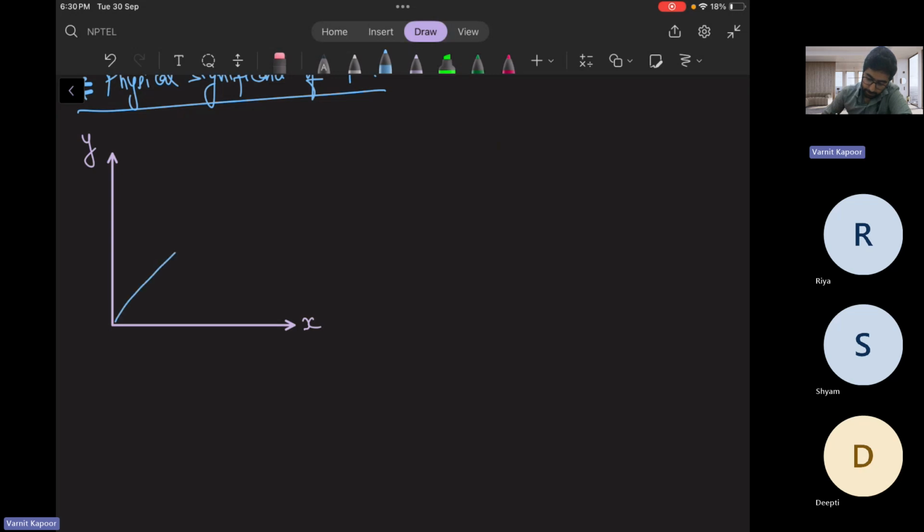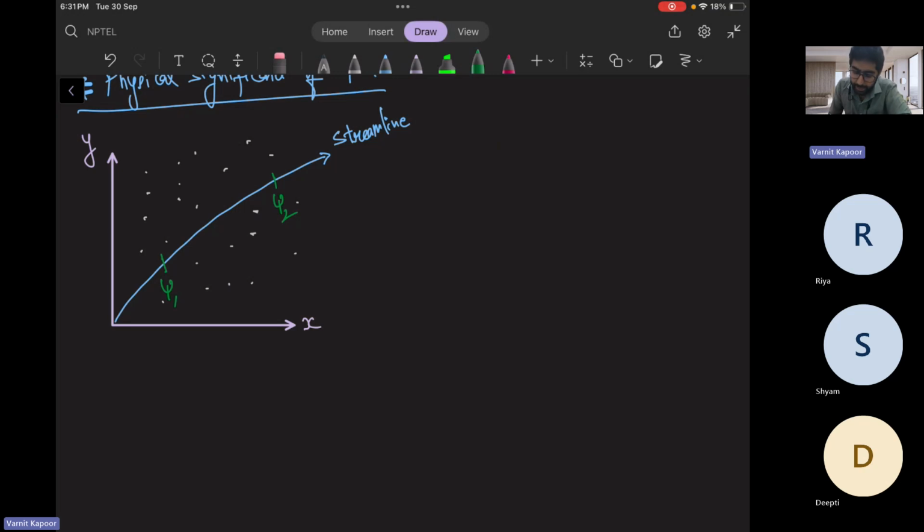My streamline is defined in such a way like this. This is my streamline, and there are fluid particles where the flow is happening. So when I'm moving from point 1, suppose this is psi 1, to point 2, psi 2, I initially don't know that psi is constant. I'll do the proof and explain the physical significance of it.